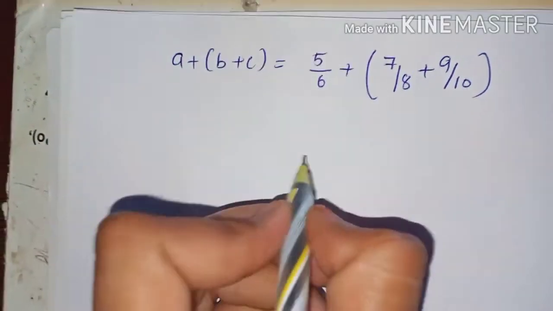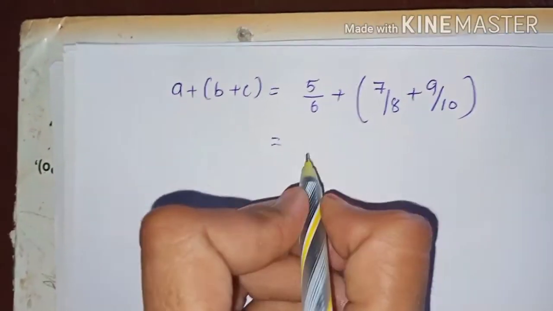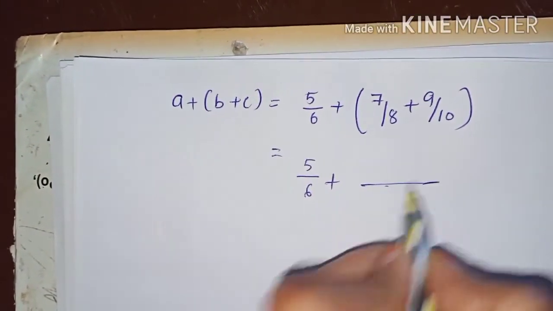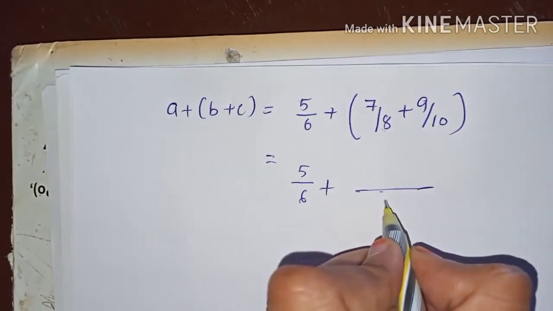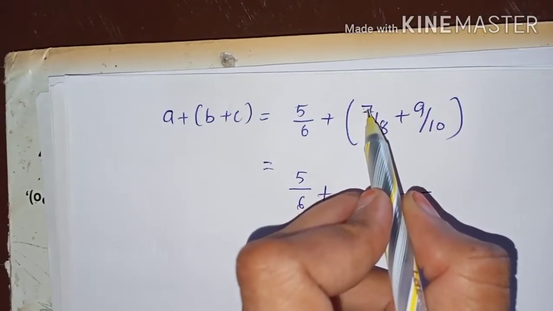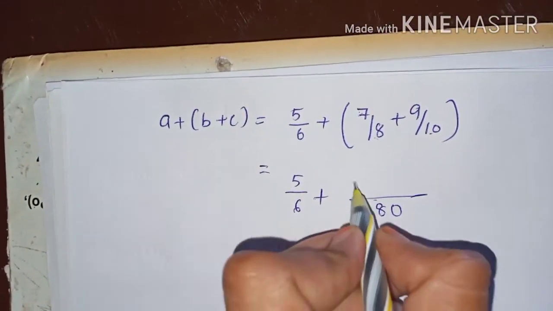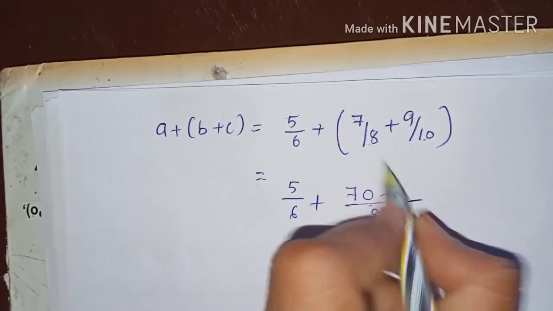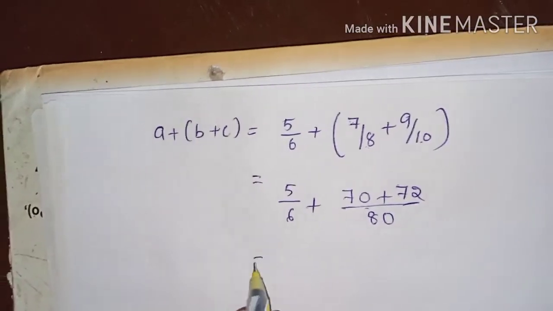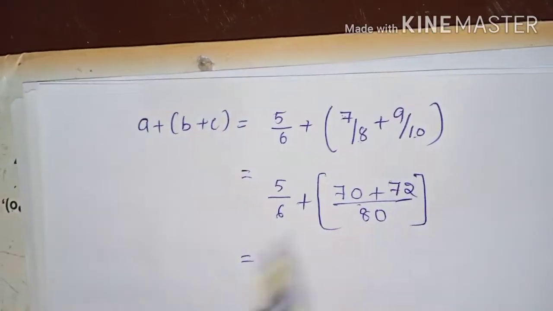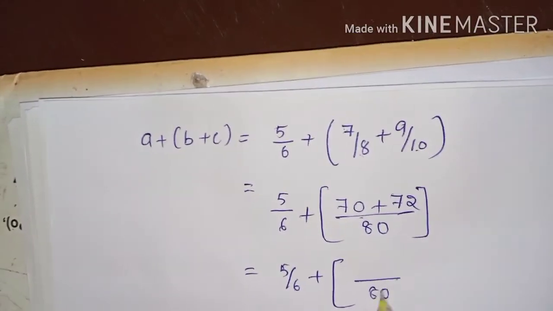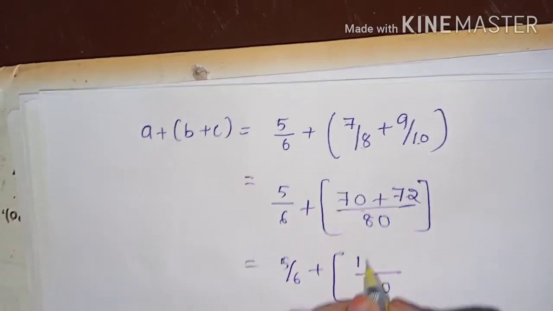That is equal to 5 by 6 plus, 8 tens are 80. Cross multiplication: 7 into 10, 7 tens are 70, plus 8 nines are 72. That is equal to 5 by 6 plus 70 plus 72, 142 by 80.